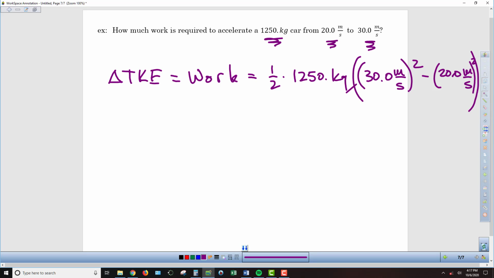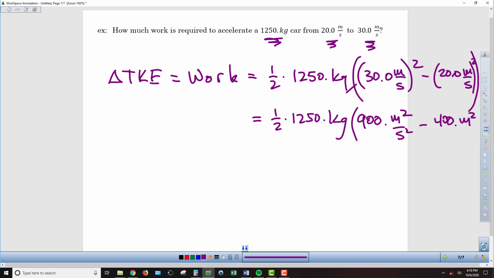And so again, this is just a lot of arithmetic here that we're going to have to navigate our way through. So we've got the 1/2 times the 1,250. Now in here we're ending up with 30 squared, which is going to give us 900 meters squared per second squared, minus 400 meters squared per second squared.